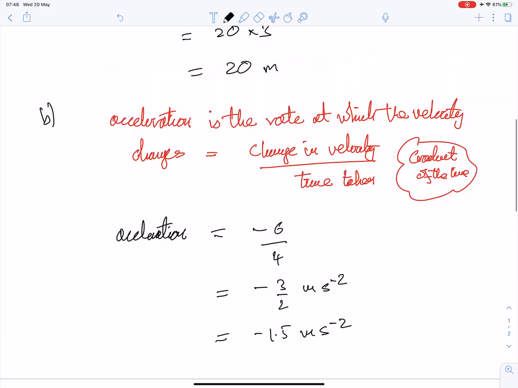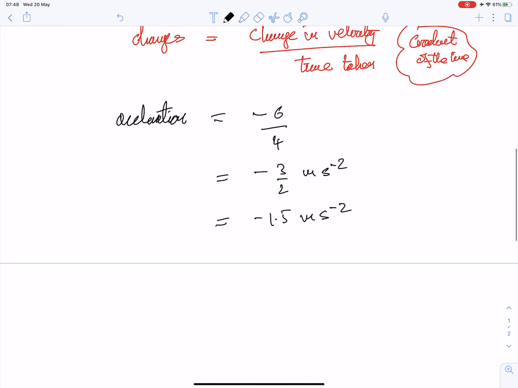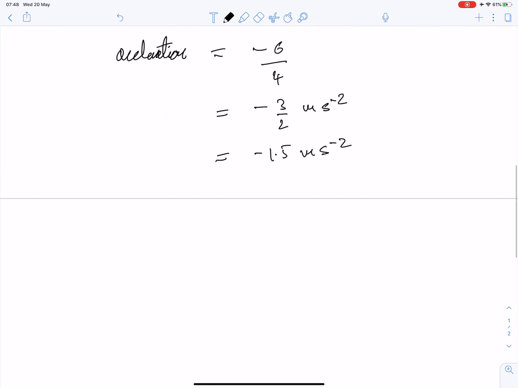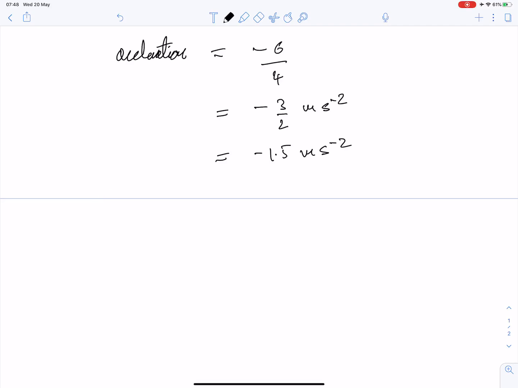Okay, but if we read the question, it actually says the deceleration. So that was the acceleration. Deceleration effectively is the negative of acceleration. It's in the opposite direction. So deceleration is equal to 1.5 meters per second squared.